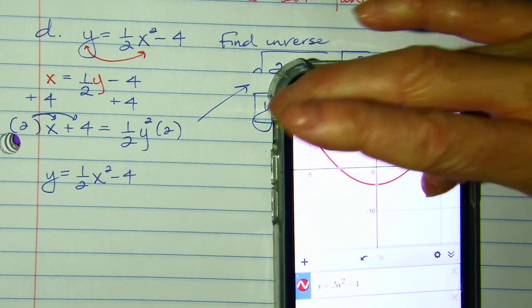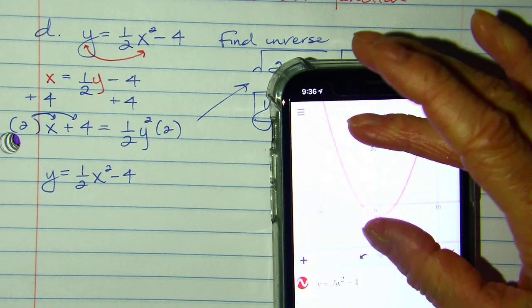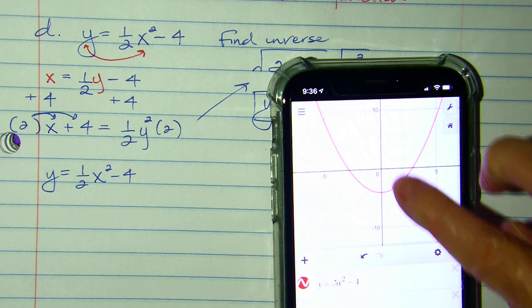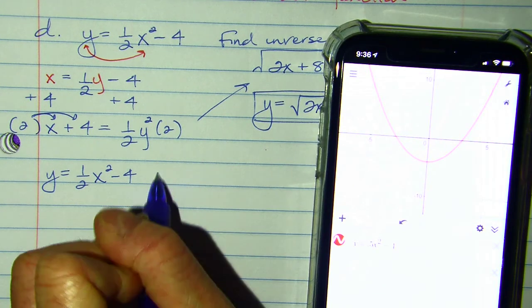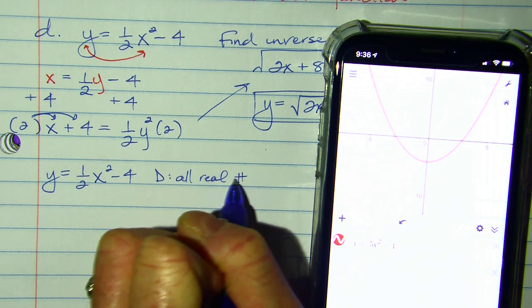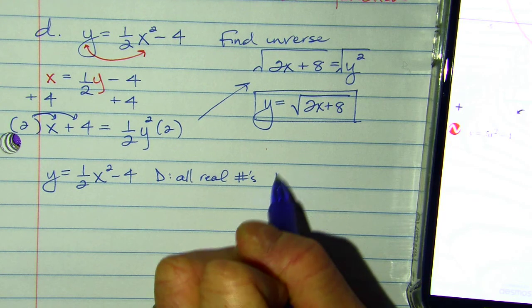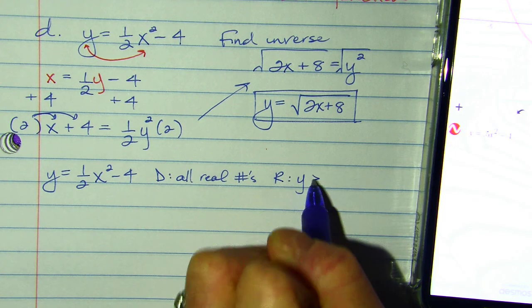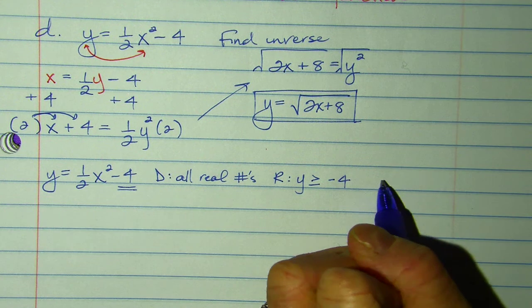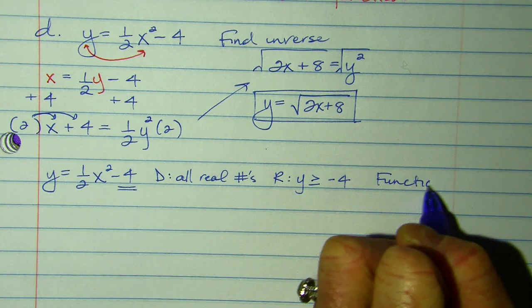And there's my graph, and I know that right there, it went by 2, so that's at -4. So I know that the domain is all real numbers because x can be anything. And my range is y is greater than or equal to -4, which is this guy here. And I also know it is a function.